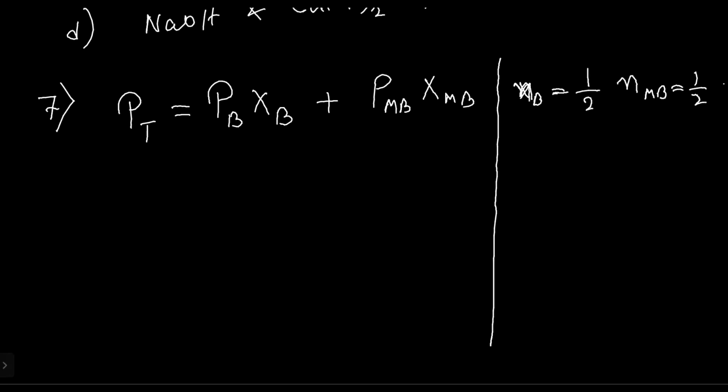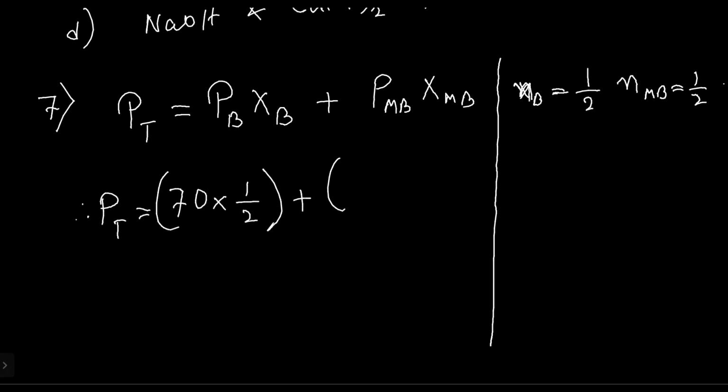So here, total pressure is equal to the partial vapor pressure. Vapor pressure of benzene is 70 and mole fraction is half, plus P of MB, that is vapor pressure of methyl benzene, is 20 into half. So 35 plus 10, that is equal to 45.